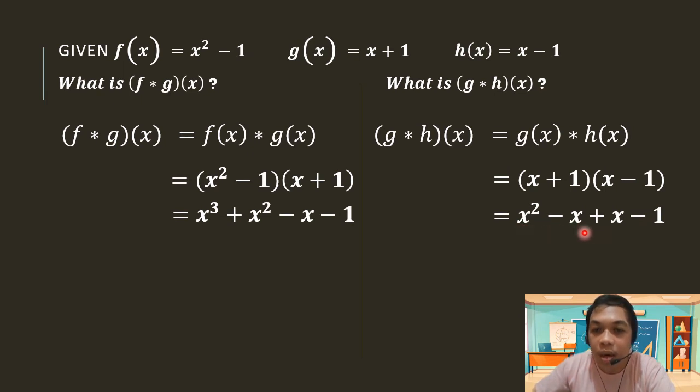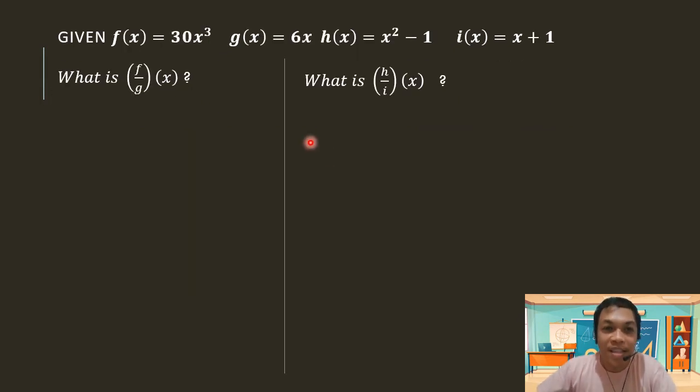So as you can see on this part, meron tayong like terms, that is negative x and positive x. So ito, pag pinag-minus natin, 0 na ang magiging value niya or mae-eliminate na siya. So we have now x squared minus 1.